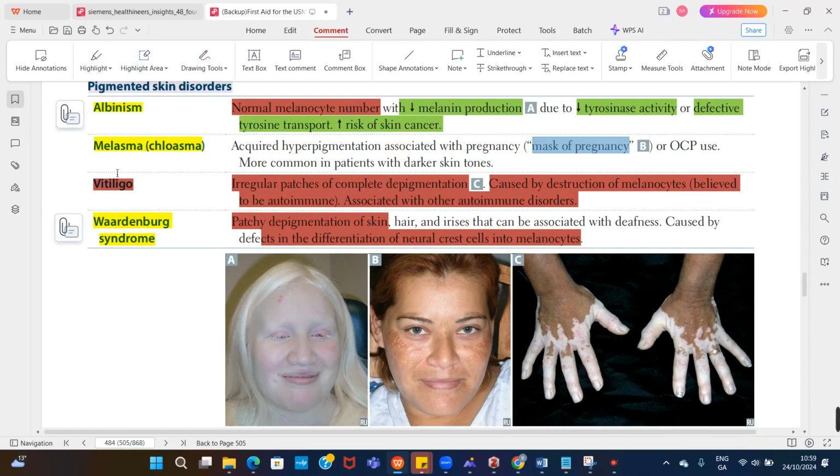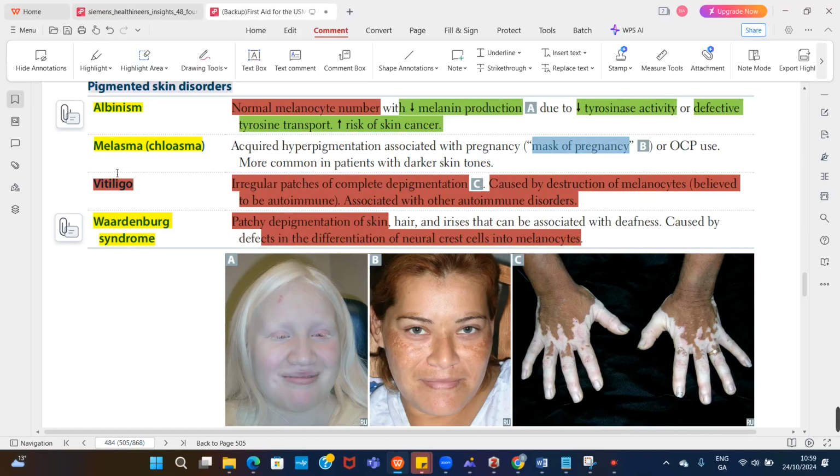The next is vitiligo. Vitiligo is an autoimmune disease. So that means that we have antibodies destroying something. What are these antibodies destroying? These antibodies are destroying our melanocytes. So that means that the melanocytes are going to be reduced in number.